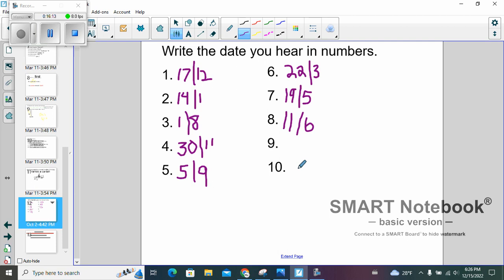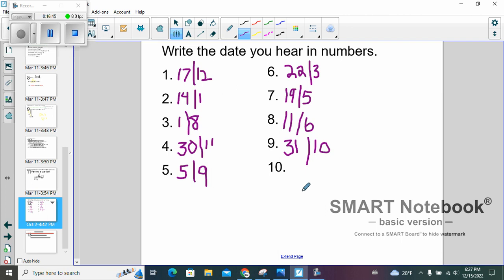Number 9. Es el 31 de octubre. Here's this one. Otherwise known as Halloween, 31st of October.